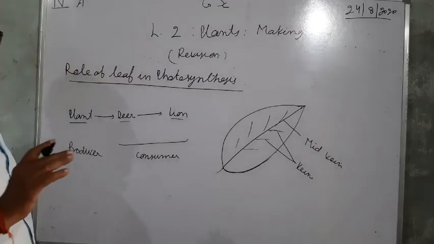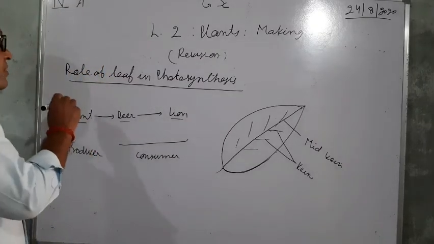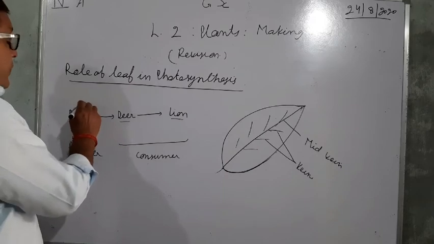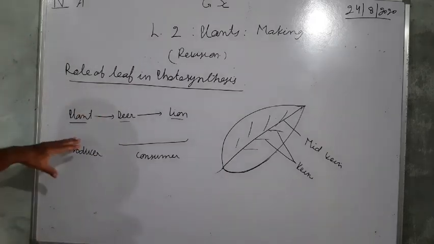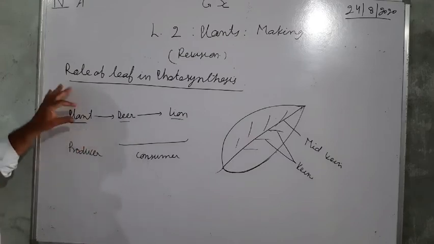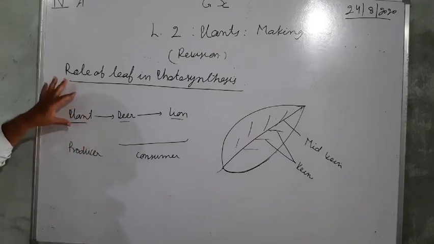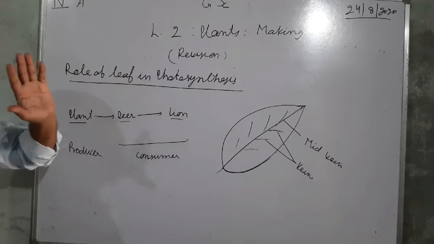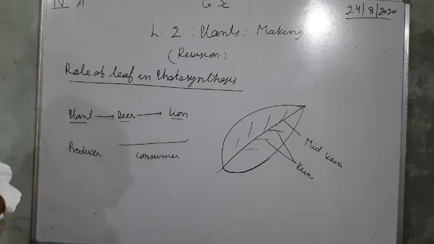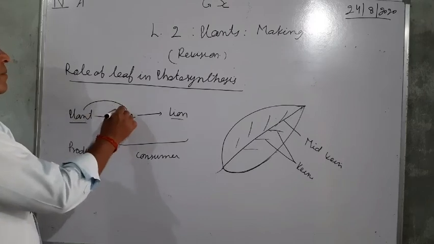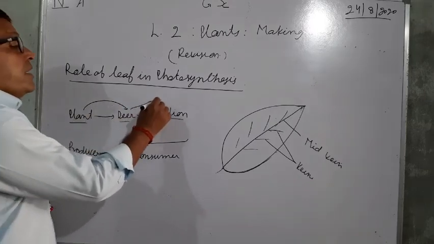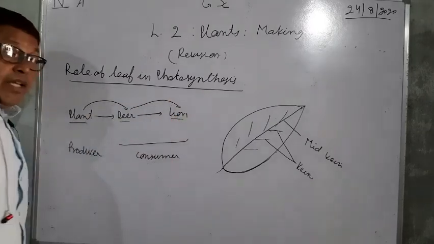Always energy transfer takes place from the producer to the consumers. This is unidirectional. Plants are eaten by the deer, and deer are eaten by the lion.